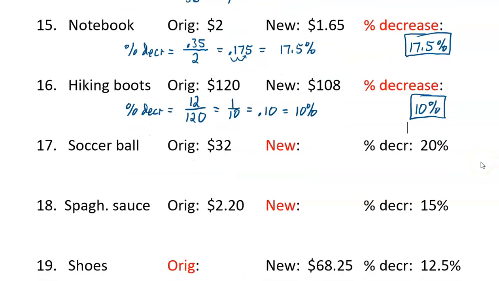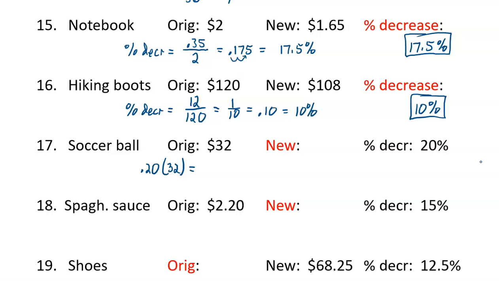Now number 17, we have a soccer ball. We know the original price, but we do not know the new price. We're told that the percent decrease is 20%, or it's been discounted 20%. What will be the new price? Well, what is 20% of the original price?